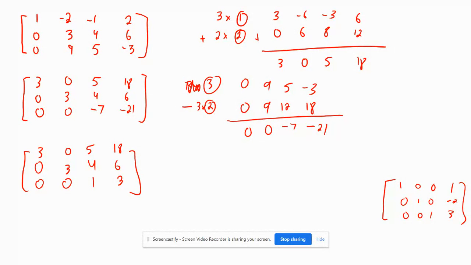All right, so now what I want to do is get zeros in this spot here and this spot here. So I want to make this a 0 and this a 0 here. Bear with me guys, I'm just going to move to another slide here, but I need to write this down first.